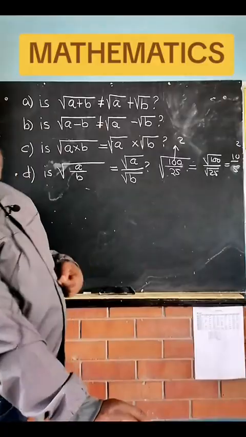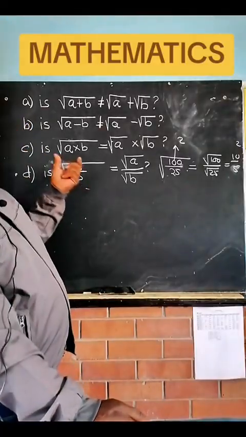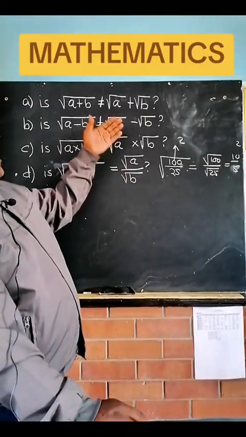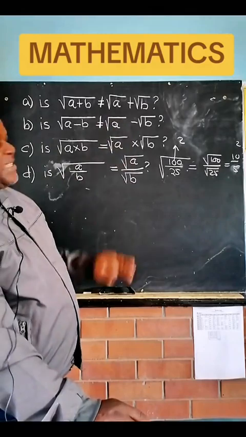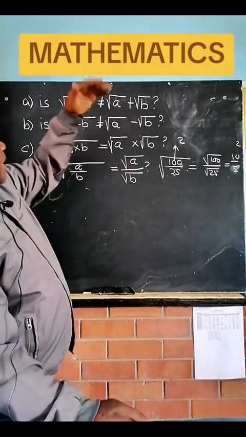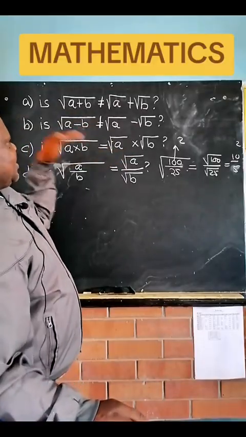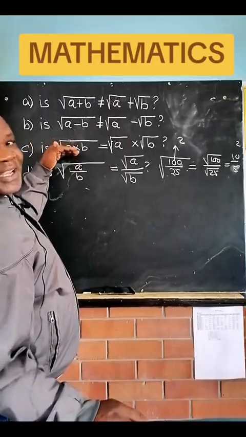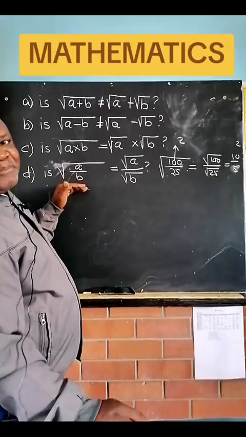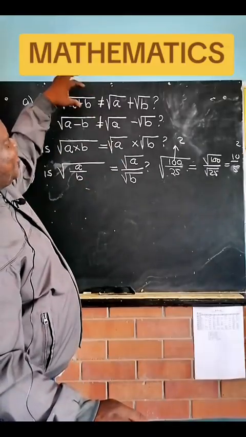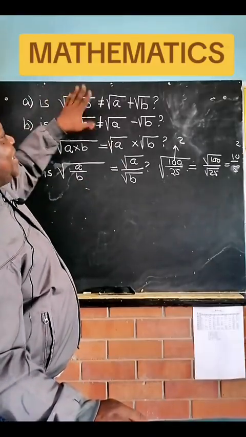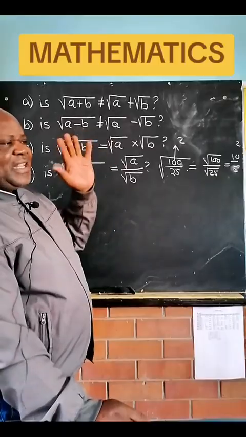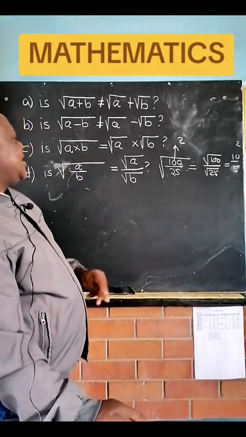What can we conclude? We can conclude that the square root of a quotient is equal to the quotient of the square roots of the two numbers that are dividing. So the distribution of the square root works for multiplication and for division, but never for addition and subtraction. Please don't split and expect to get the same result.